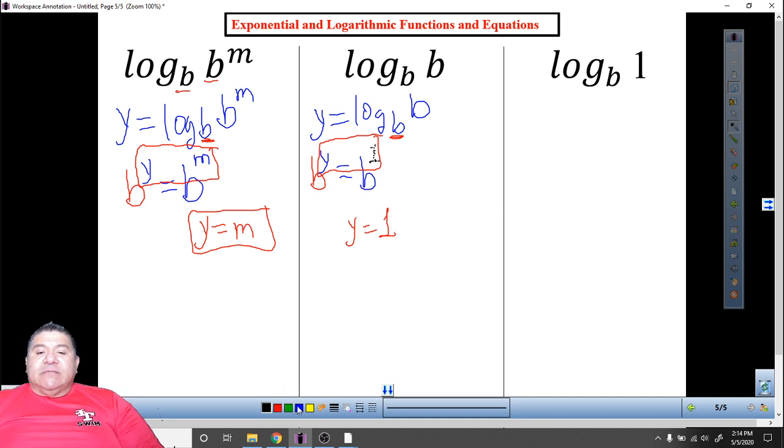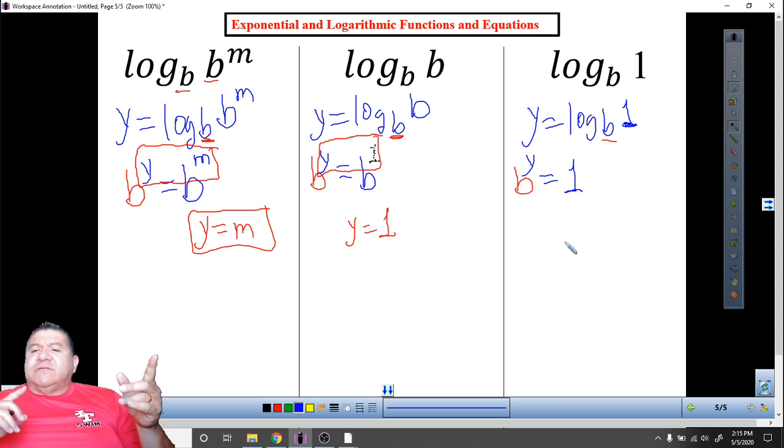All right, and last but not least, once again, let's rewrite this. y equals log b and given number 1. All right, so once again, what's our base here? b. Our exponent is y, and all that equals 1. So question, didn't we already have a definition for number 1? Yeah.